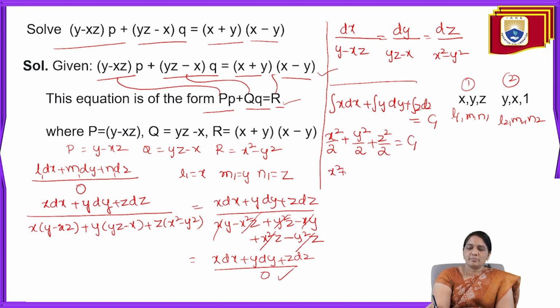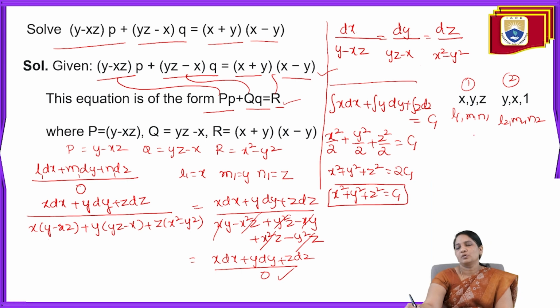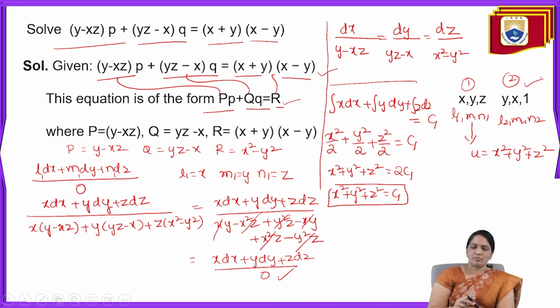So x square plus y square plus z square equal to 2c1. Finally I can write this solution as x square plus y square plus z square equal to c1. This is my first solution. Based on the first set of multipliers, I got the solution u equal to x square plus y square plus z square. Now I am going to find the second solution by using the second set of multipliers.